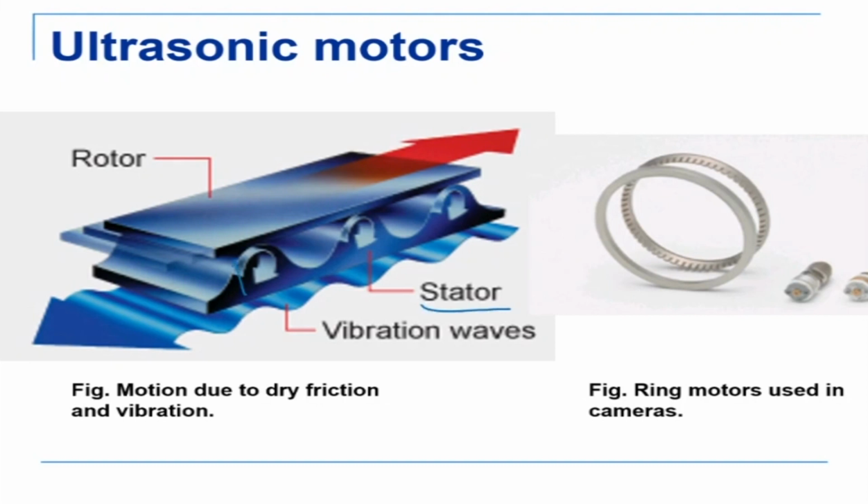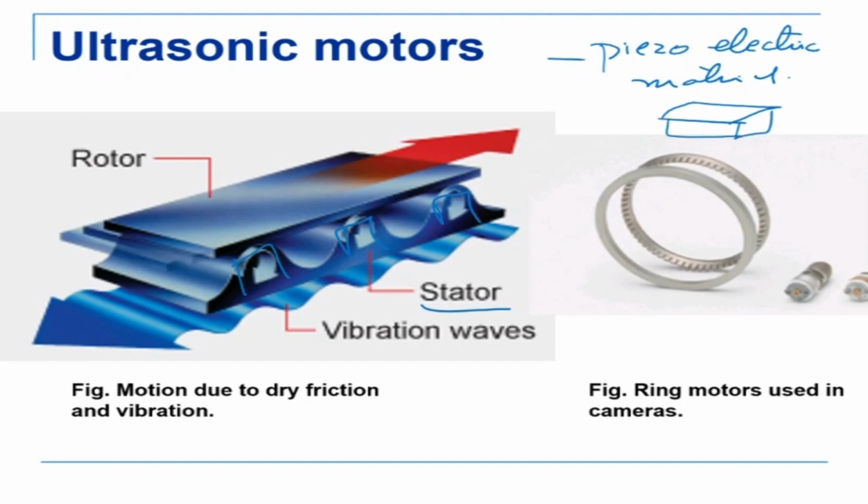The stator has teeth like this, and these teeth are basically piezoelectric material. Piezoelectric material means that if I give it a positive charge, it will expand, and if I give it some pressure, a charge will be developed.